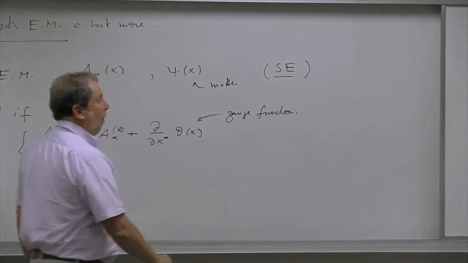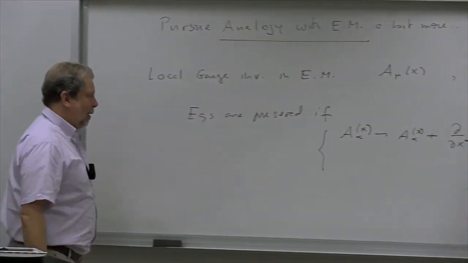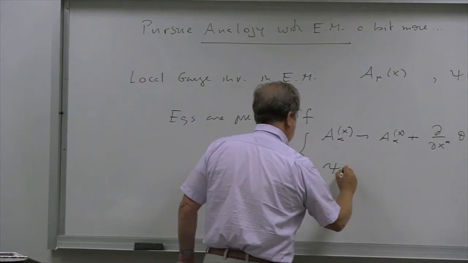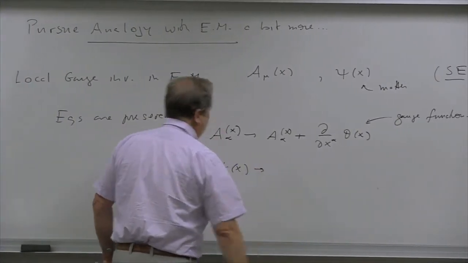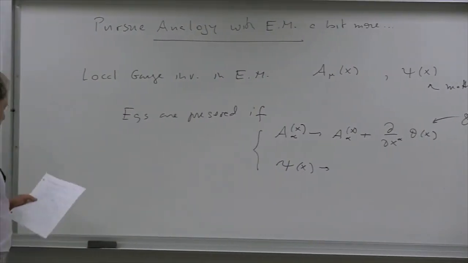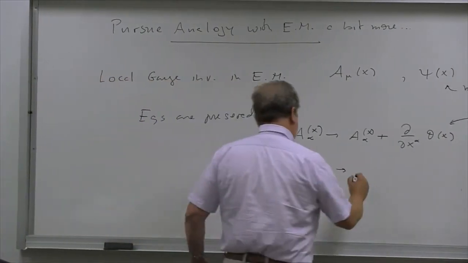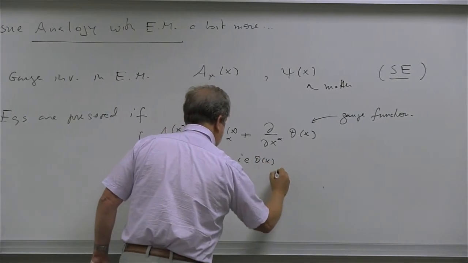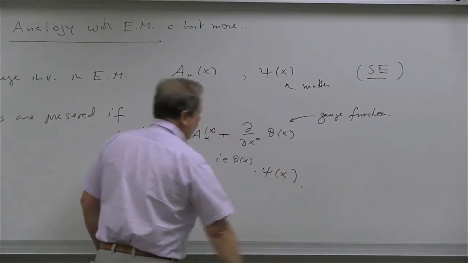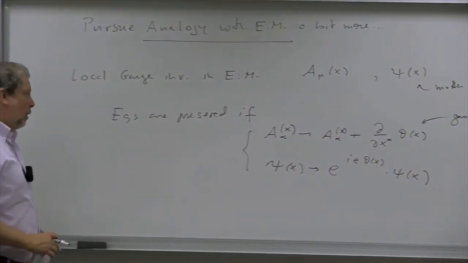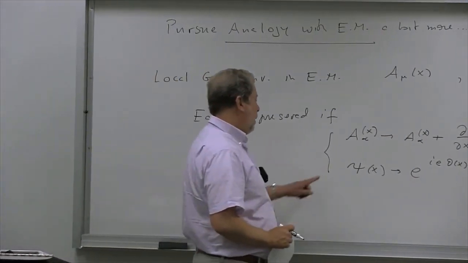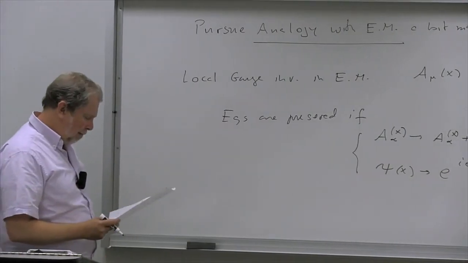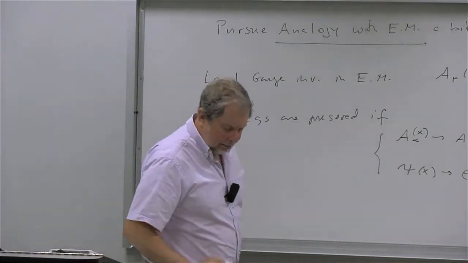So we know Maxwell's equations are invariant under that, and that the Schrödinger equation or the Dirac equation is invariant under psi of x getting multiplied by a phase, so getting multiplied by e to the i e theta of x times psi of x. If you do this transformation simultaneously on the electromagnetic field and on the matter field, the equations are invariant, right?